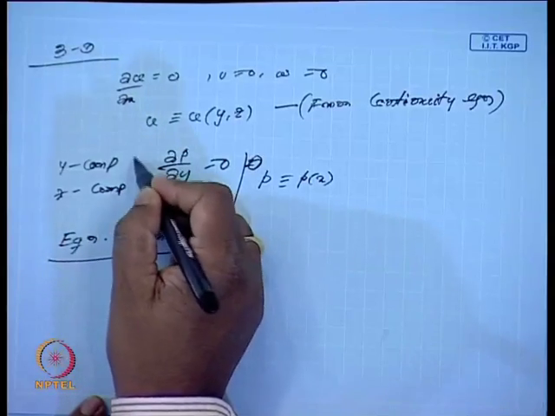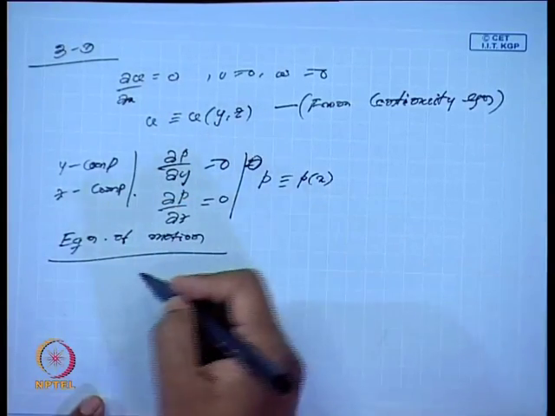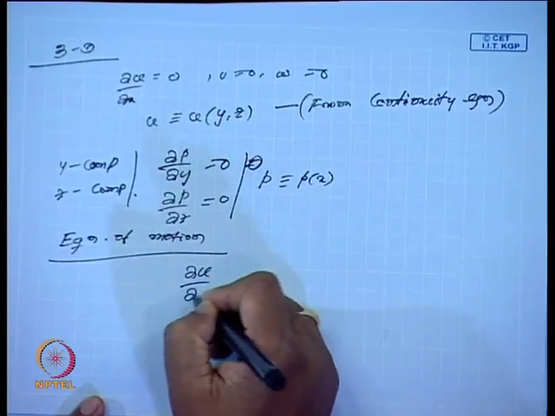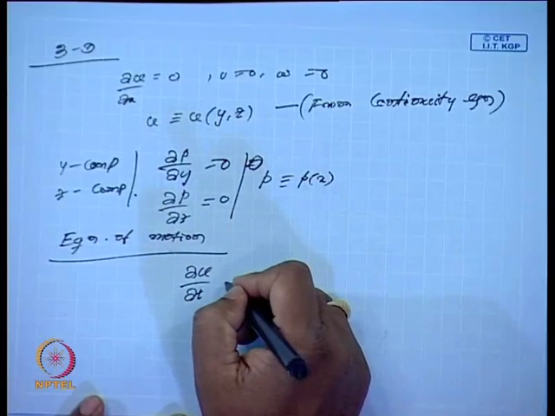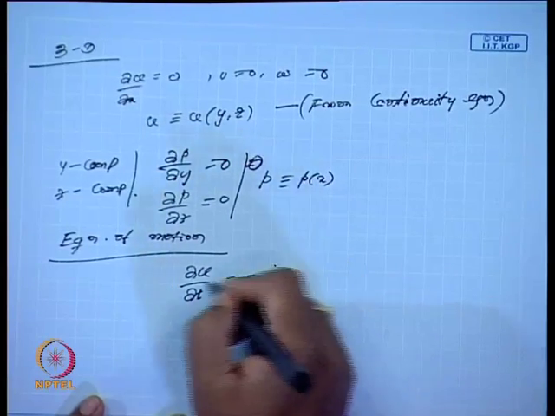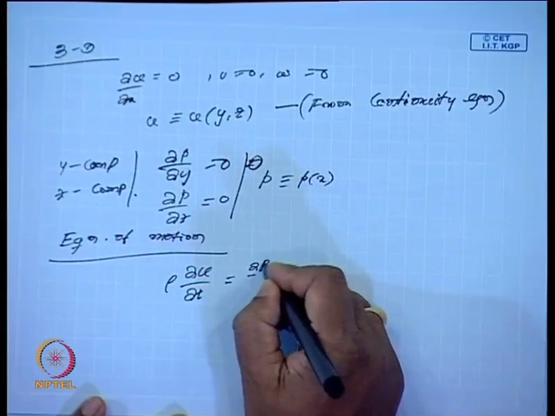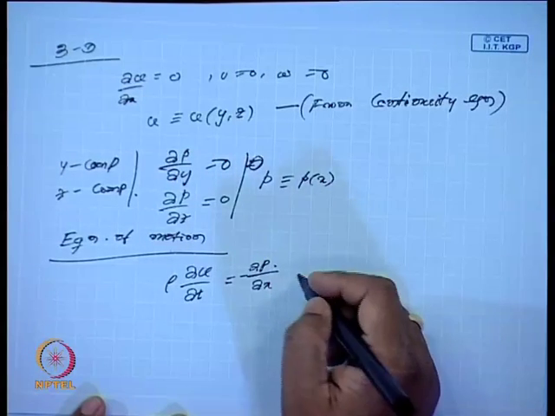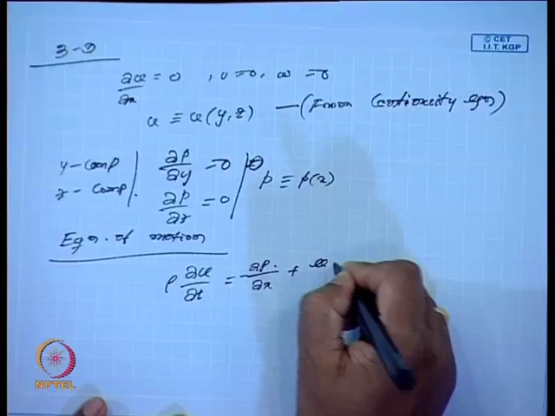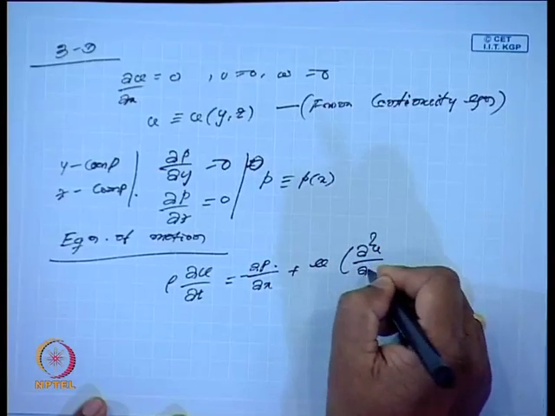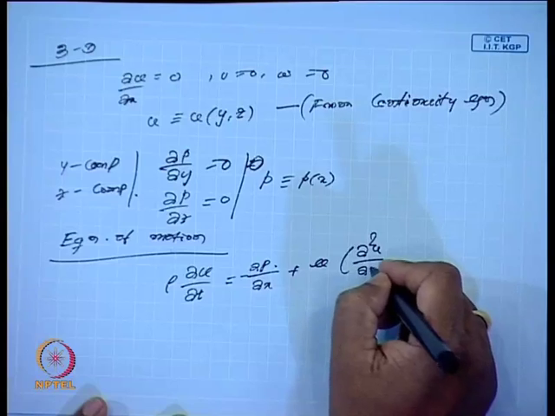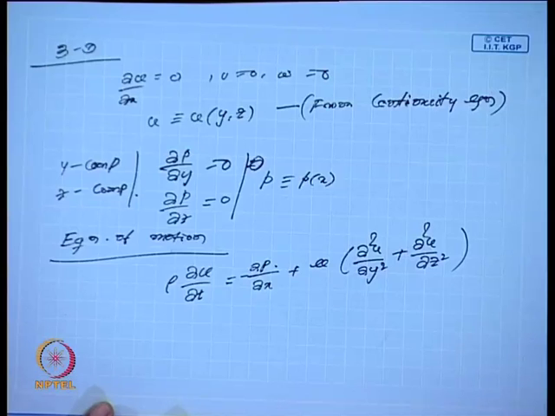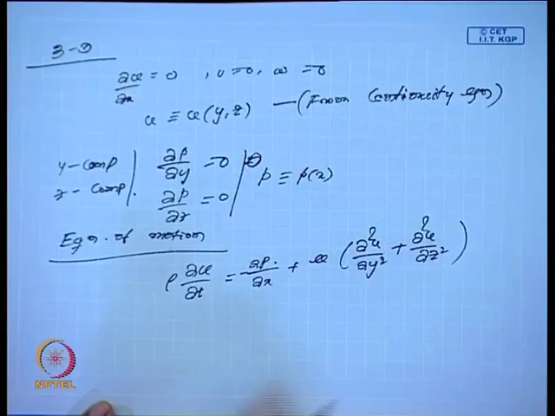Then the x component will give, because inertia terms are negligible, 0 equals minus del p by del x, the body force term is also involved with this, plus mu into del square u by del y square plus del square u by del z square, because u is a function of y and z.